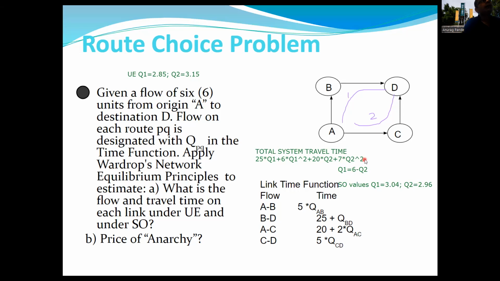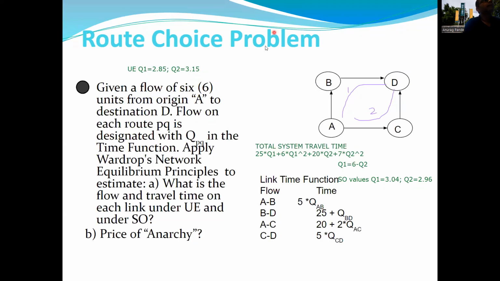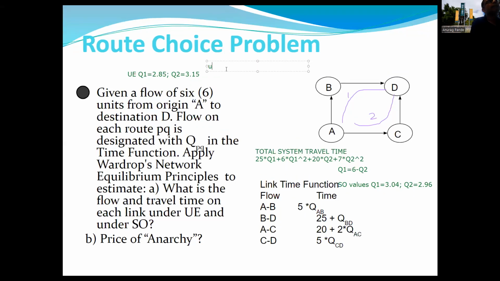Using UE values of flow rates, you get the TSTT, the total system travel time, to be about 252.44 units.